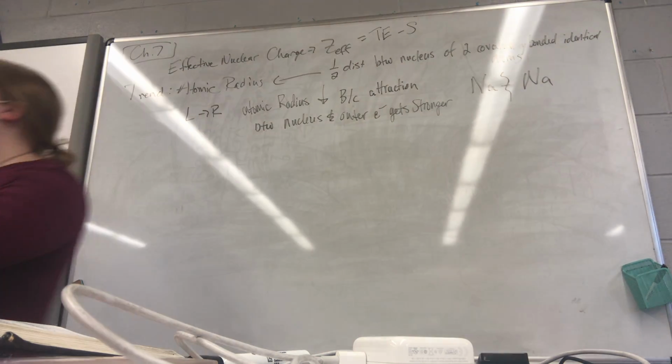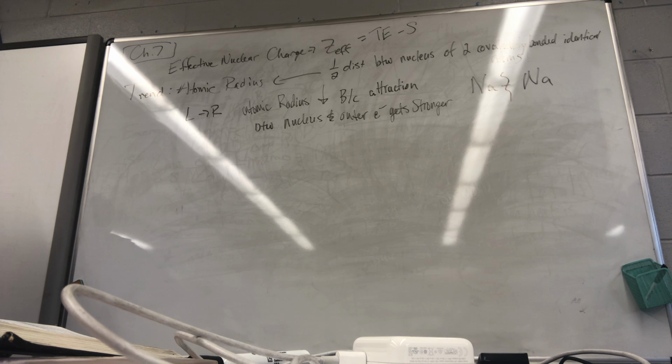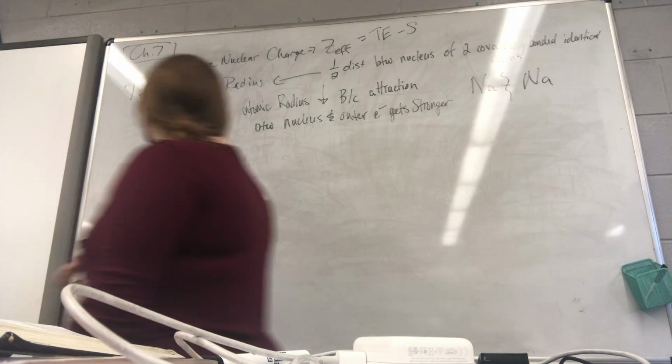Everything's being pulled in more and more towards that nucleus. The nucleus is getting stronger. It's adding a proton as it moves left to right, so it's getting a more positive charge. And the outer electron cloud is also getting stronger. We're adding one electron as we move left to right, and because we're adding those one at a time, we're seeing more and more attractive forces on the outside, which pulls things in closer, okay?